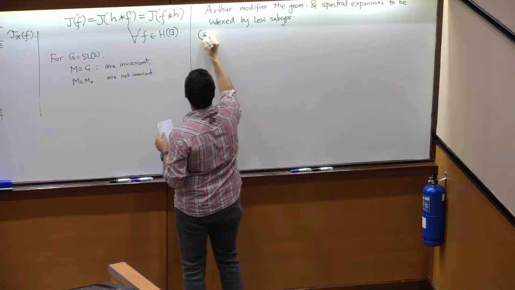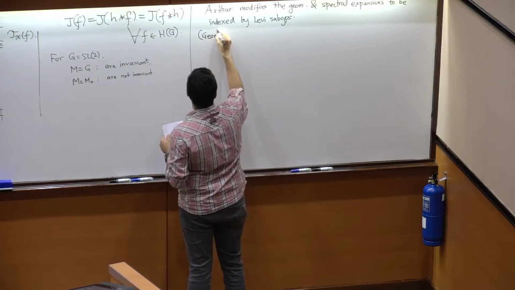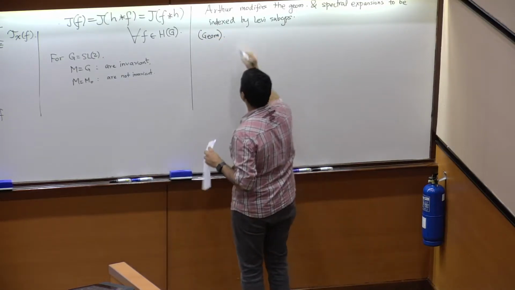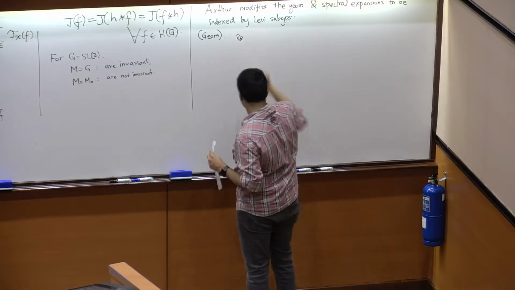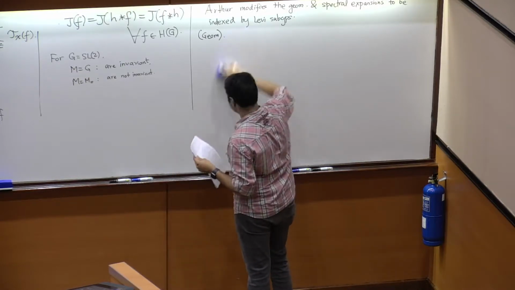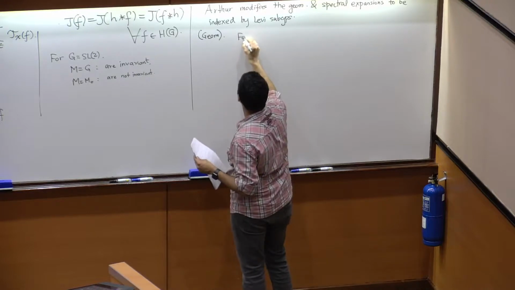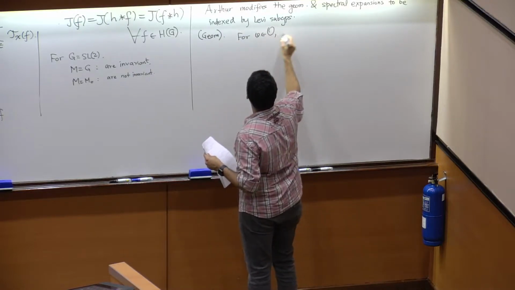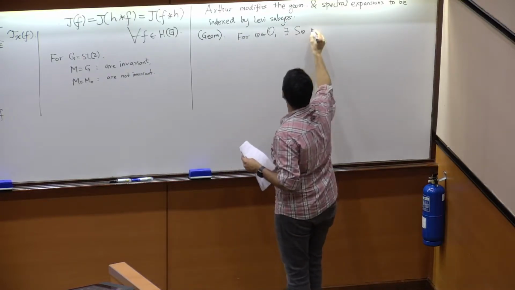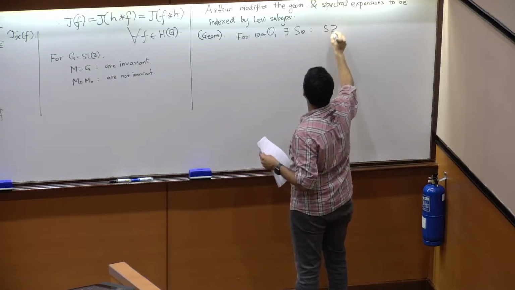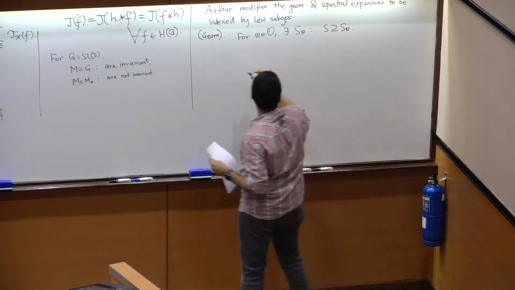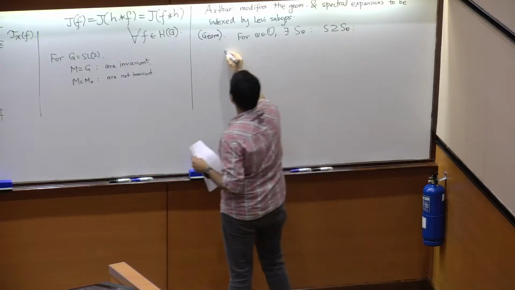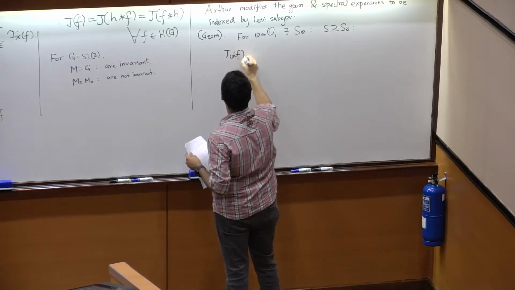So here are the two expansions. For the geometric expansion, recall from yesterday that for a given coarse conjugacy class O, you had a set S_O such that if S contains S_O, then the expression for J_O(f) looks like this.